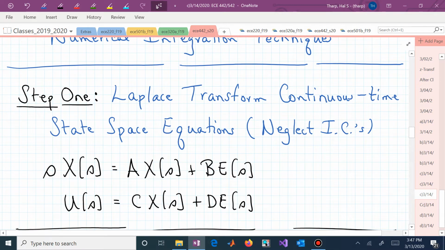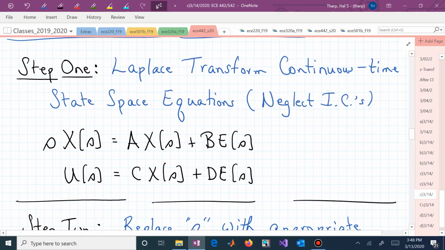We begin exactly the same way. We simply Laplace transform the state space representation of the continuous time system, and the only operator S that exists in that representation is the S on the left-hand side of the equality in the dynamic equation, where, remember, when you differentiate in the time domain, that's equivalent to multiplication by S in the frequency domain.